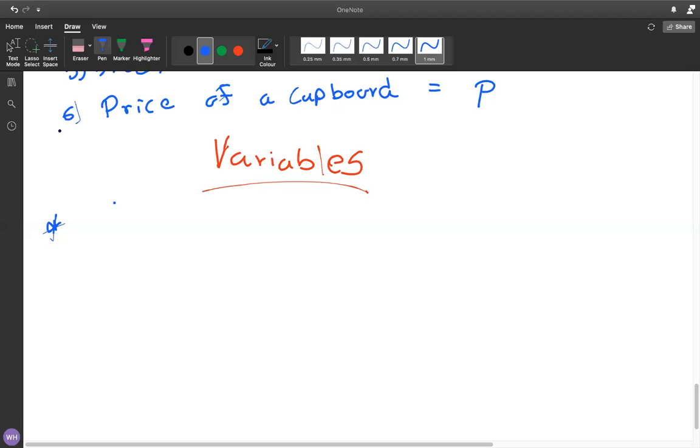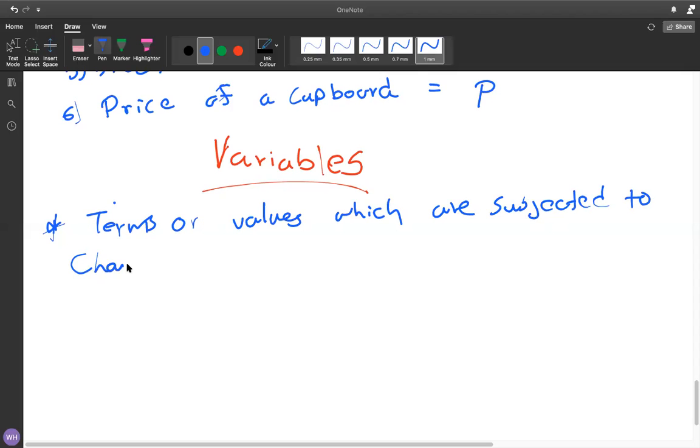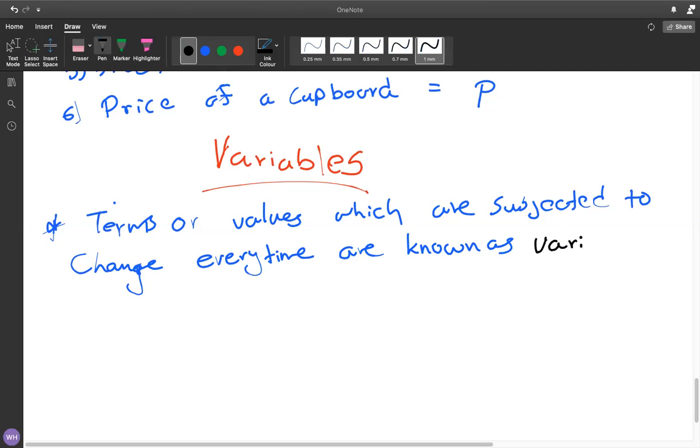Put a star mark and write: terms or values which are subjected to change every time are known as variables.